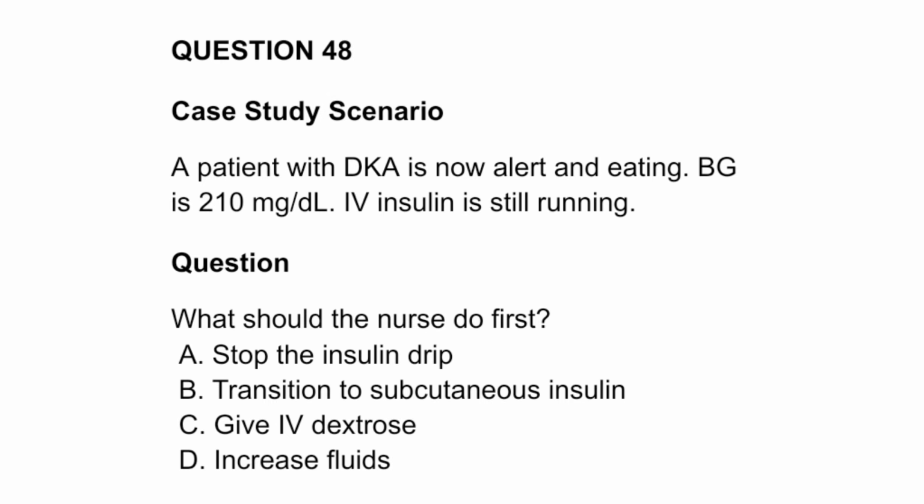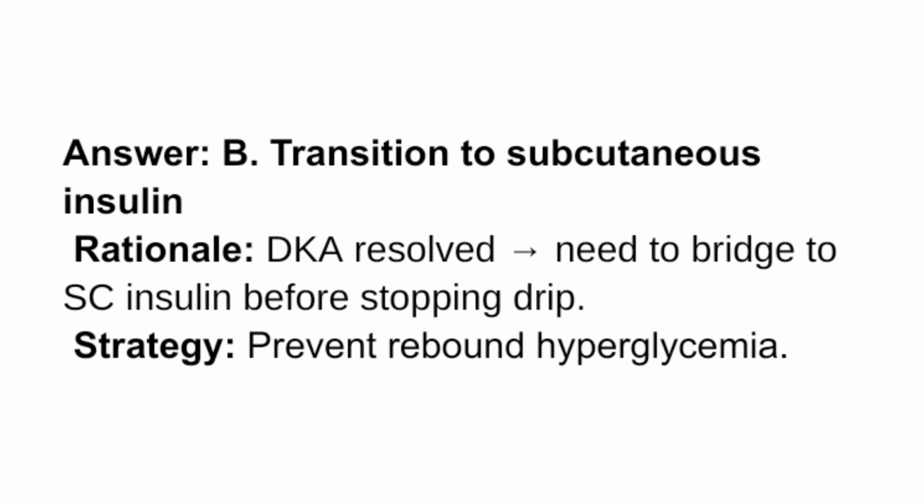C. Give IV dextrose. D. Increase fluids. Answer B. Transition to subcutaneous insulin. Rationale: DKA resolved. Need to bridge to subcutaneous insulin before stopping the drip. Strategy: prevent rebound hyperglycemia.